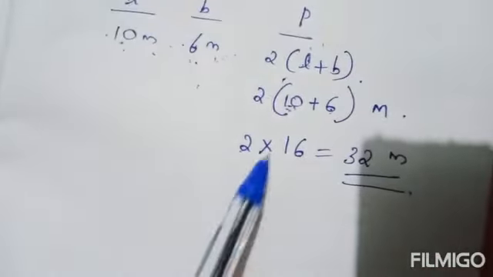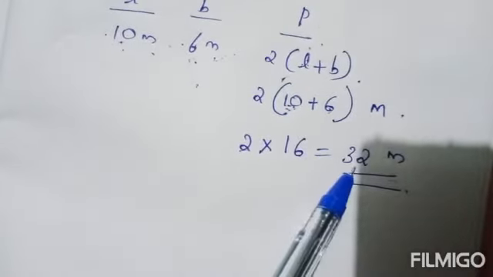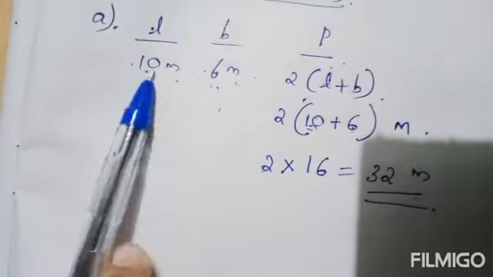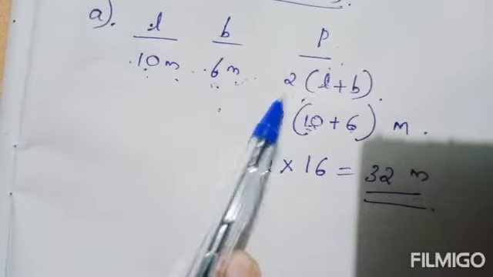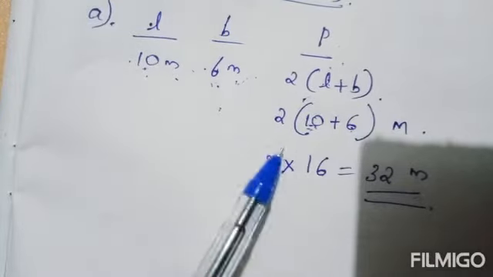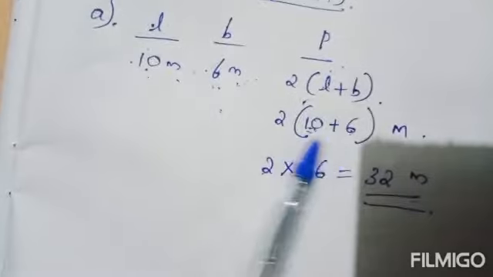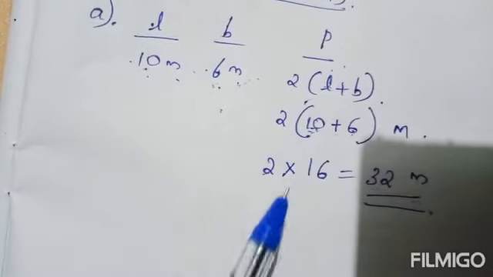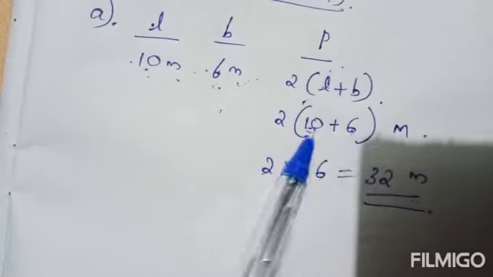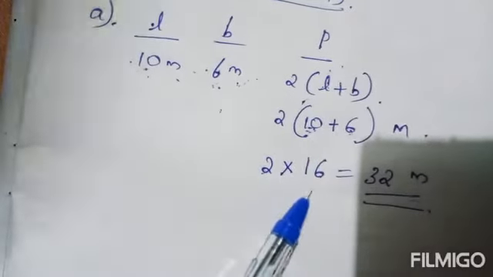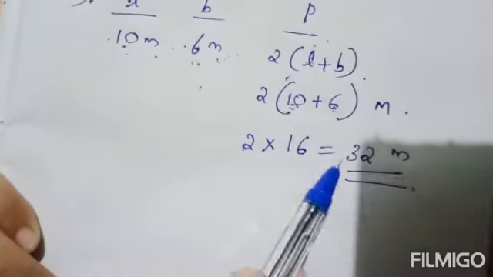This is how you can use this formula to find the perimeter of a rectangle. By BODMAS, you know, always do the inside bracket first. 10 plus 6 is 16, so 2 into 16 you will get 32 meter.